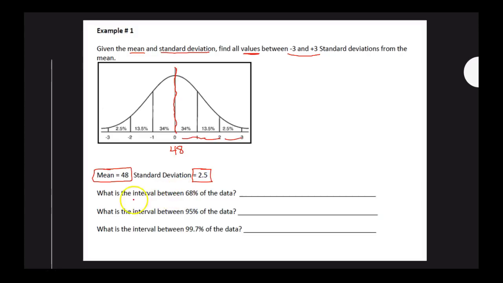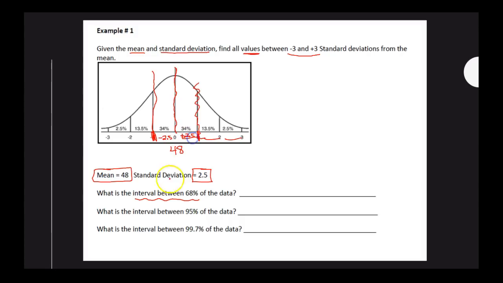If we're going to find the interval for 68% of the data, we're talking about plus and minus 1 standard deviation, from here to here. We know that the standard deviation is 2.5, so we're going to subtract 2.5 to go this way and add 2.5 to go this way.